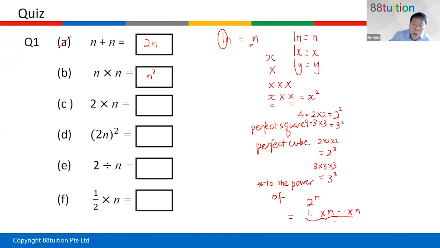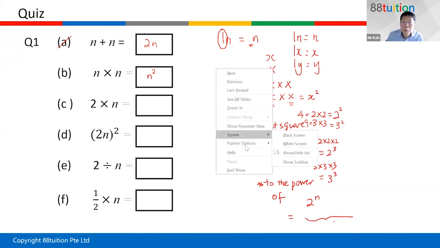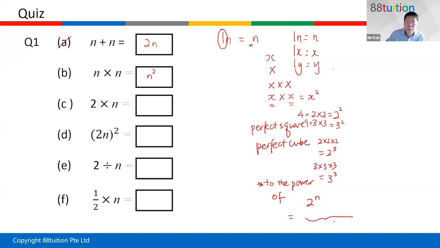It should be 2 times 2 times 2, dot dot dot, 2, so there are n number of 2's here. So this is 2 to the power of n, and here it will be n to the power of 2, or you call it n squared.